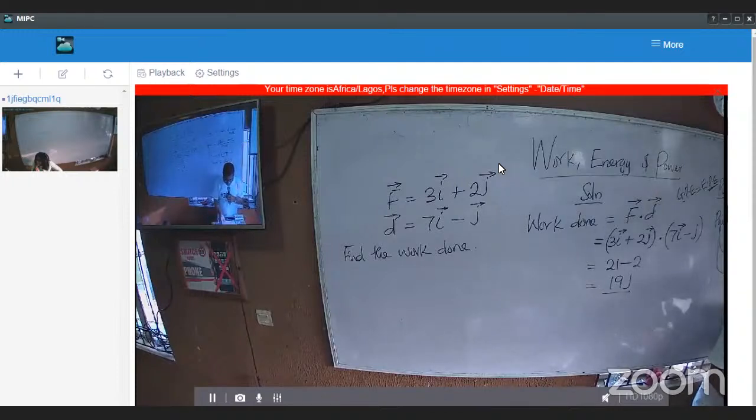Calculate the force required to bring it to rest.